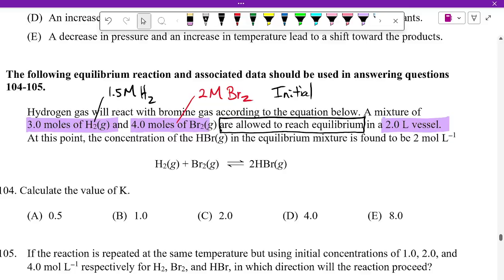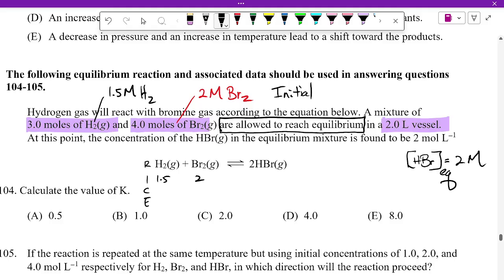At equilibrium, HBr is 2 molar. Calculate the value of K. All right, so we have RICE. We know this is 1.5. We know this is 2. This is 0.